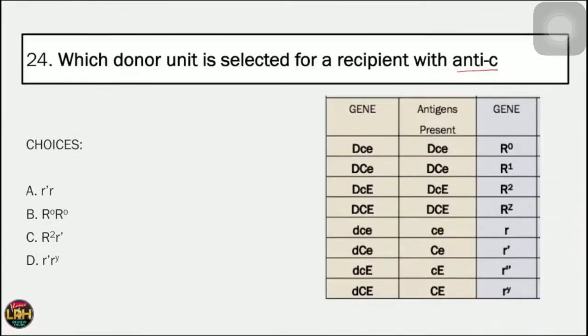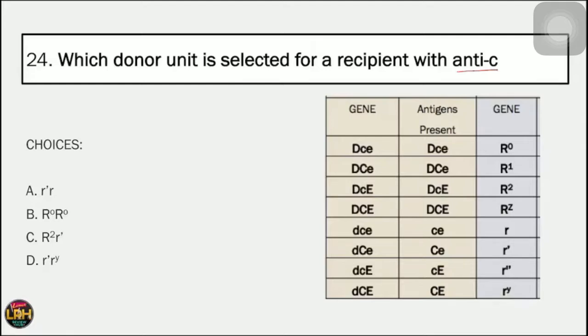For number 24, which donor unit is selected for a recipient with anti-C? So the choices are the following. What we don't want here is to transfuse blood units containing C antigen. So we want to identify which of the following blood units does not contain C antigen. Before that, we have to be familiar with the antigens present based on the genes or haplotypes presented here.